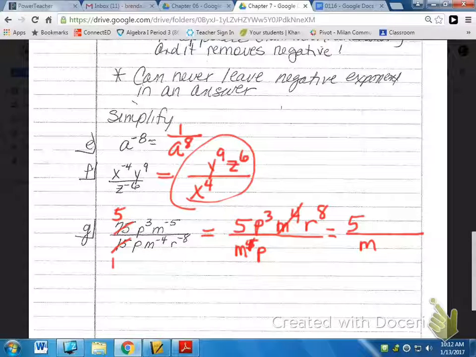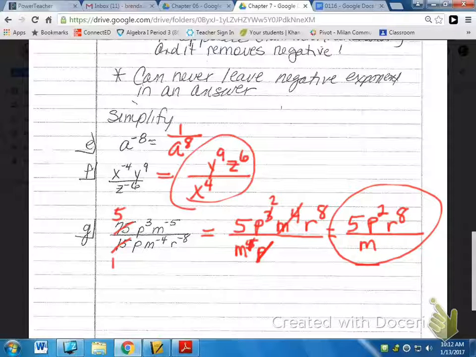Okay, good. Next, the p's. There's 3 on top and 1 on the bottom. What are we going to do? 2 p's left on the top because this one's gone completely, and the 3 becomes a 2. And then finally the r. R to the 8th just stays put. There's nothing to cancel, and that would be our final answer.